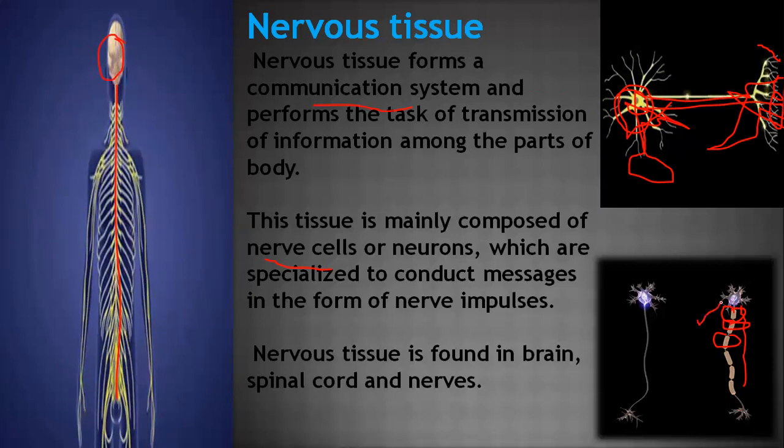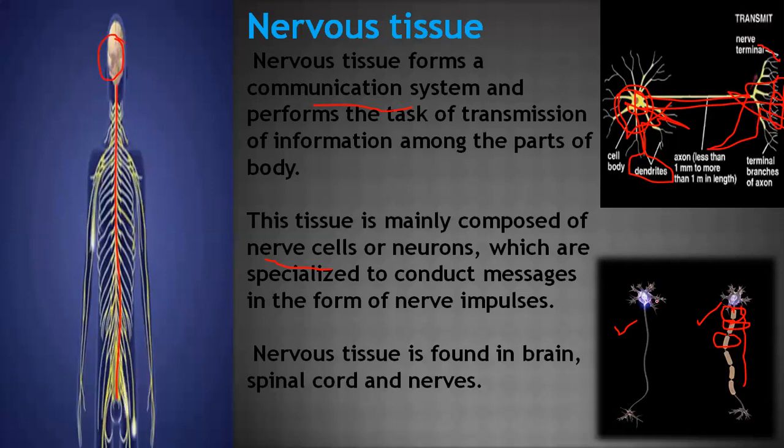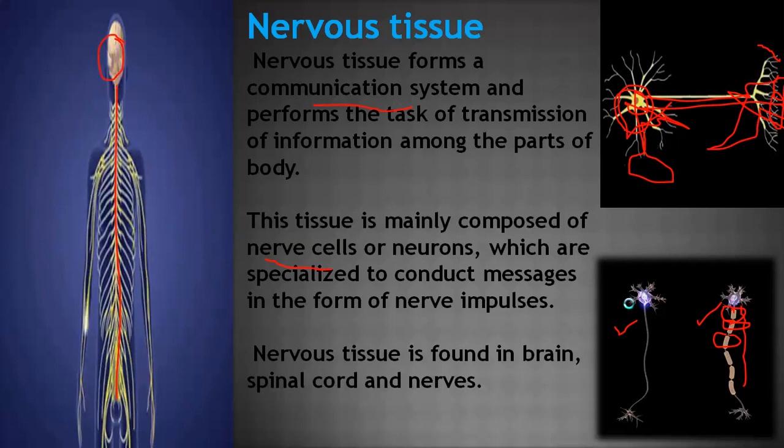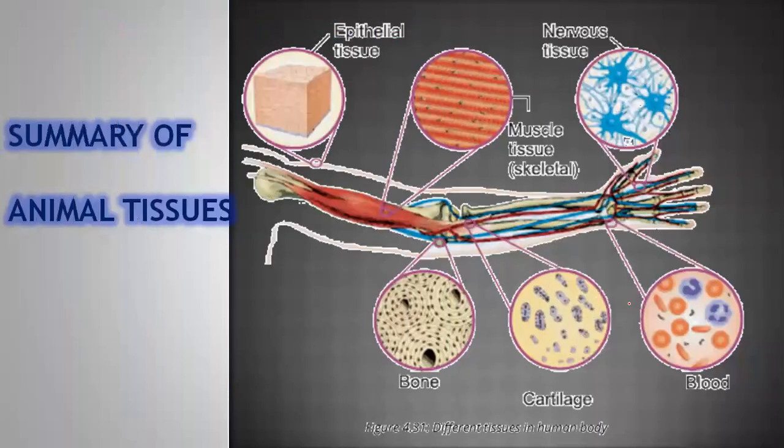Here the nerve impulse transmits quickly, and here it is very slow. In our body we have both types of nerves, but overall this whole system is composed of the nervous tissue which is spread throughout our body.